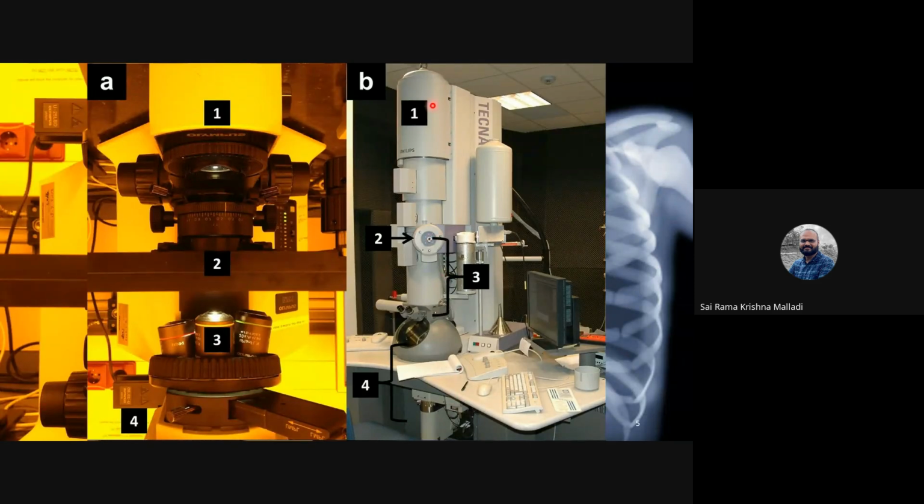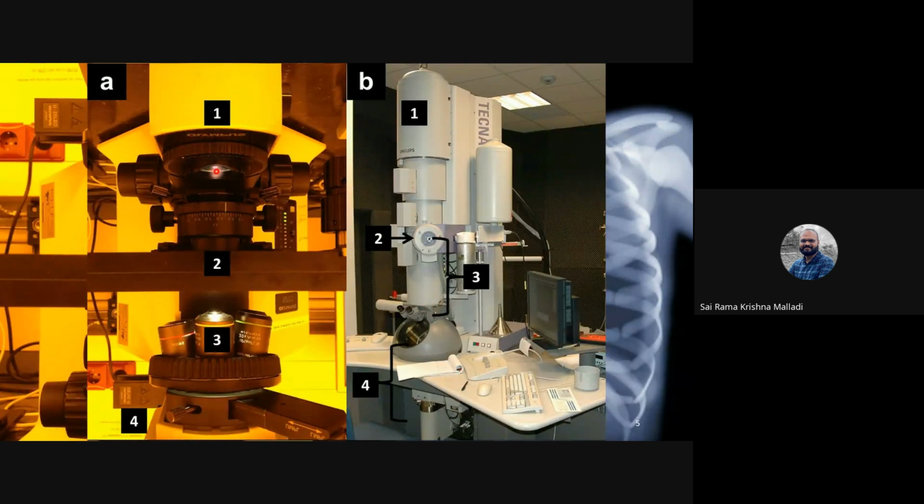Now, because your source here is electrons, and you allow electrons to interact with or pass through the sample, and electrons are charged particles which can get deflected even by ambient atmospheric conditions, unlike an optical microscope, which is exposed to the atmosphere, you have to maintain this inside a column.